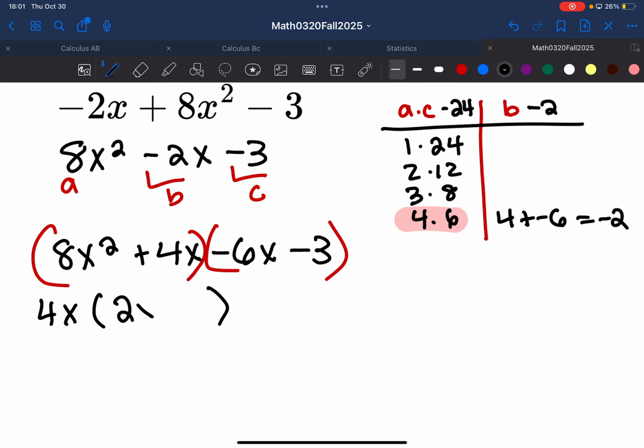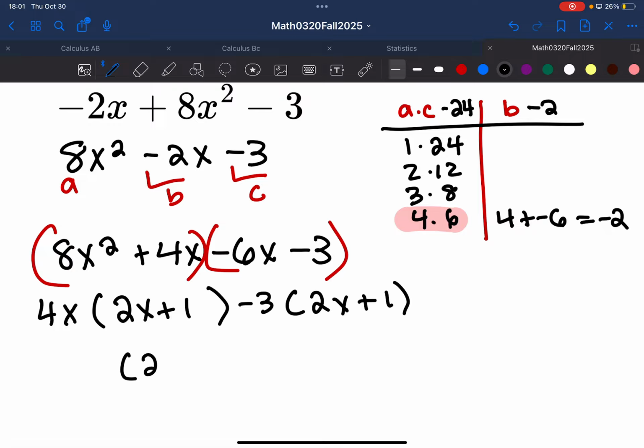2x plus 1. Good. If we want the next parentheses to have a 2x plus 1, what is our GCF we're taking out of that one? -3. So we can have 2x plus 1.